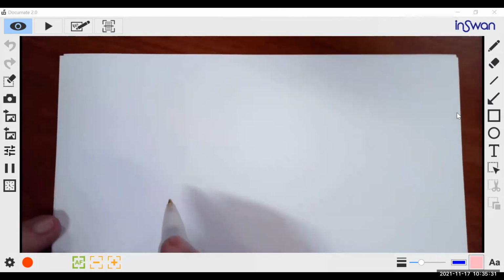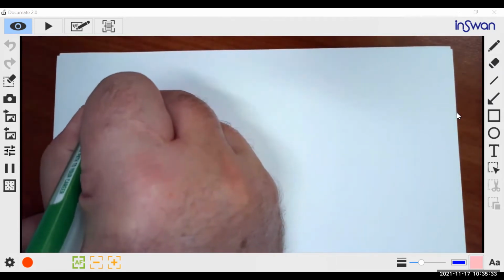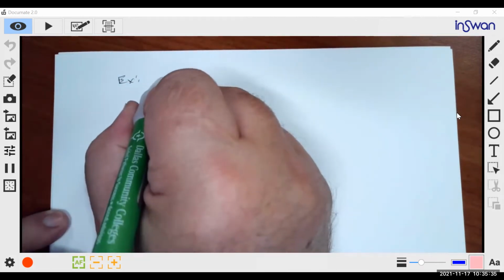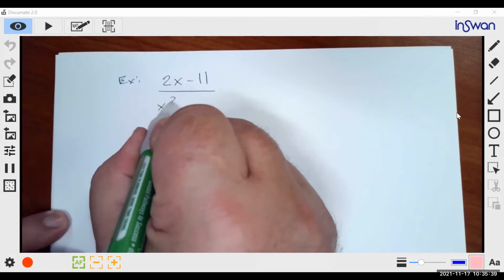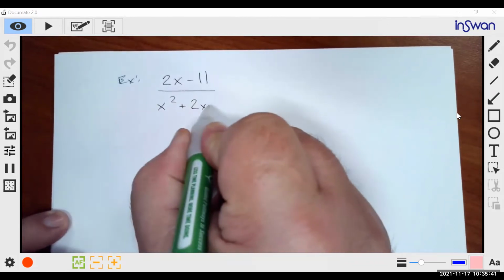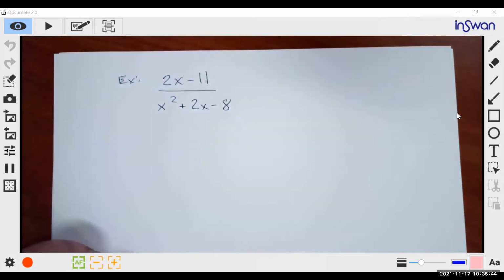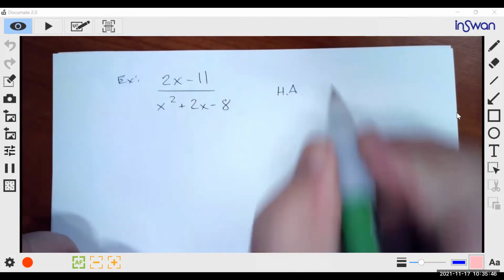Tell me the horizontal asymptotes of these. What's my horizontal asymptote?